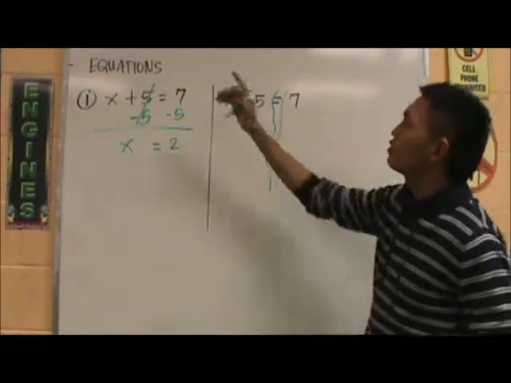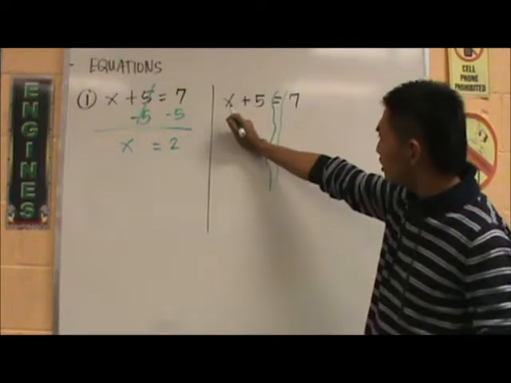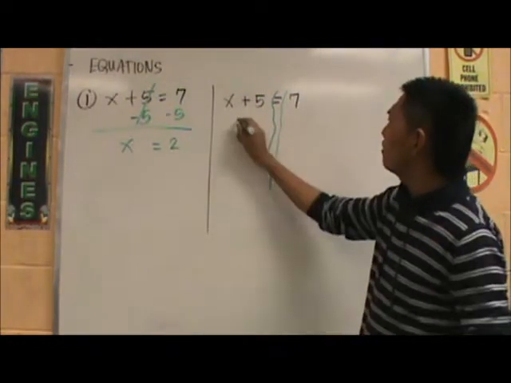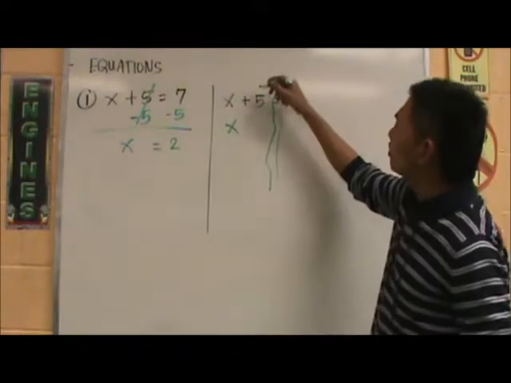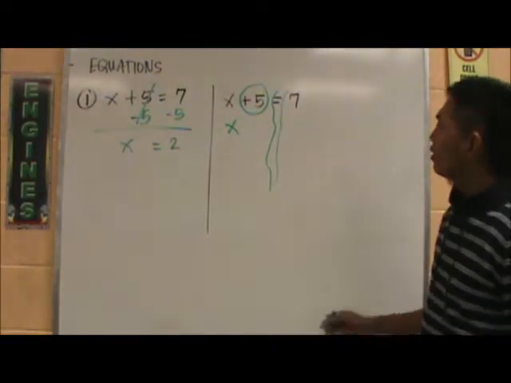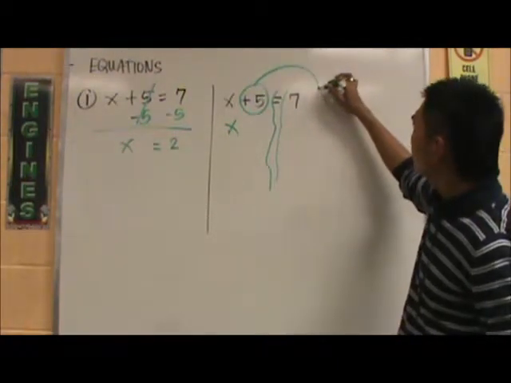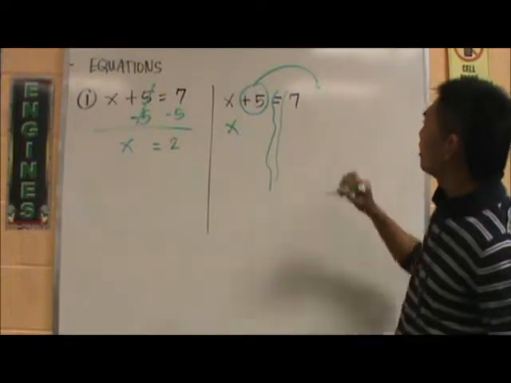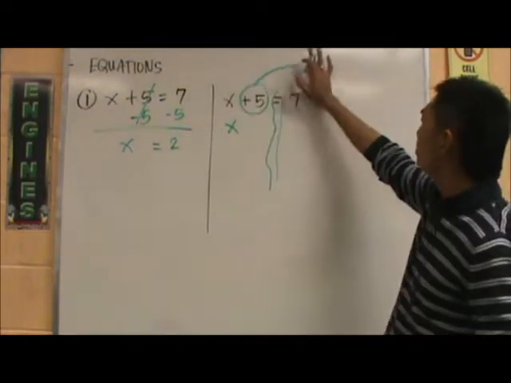Now, because we are solving for x, I need x to be alone. So I'm going to keep the x to the left. Because I want x to be alone, I need to get rid of that plus 5, so it needs to cross over the bridge. It has nowhere to go but to cross over the bridge.